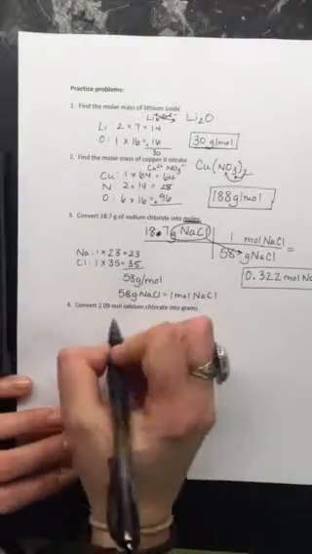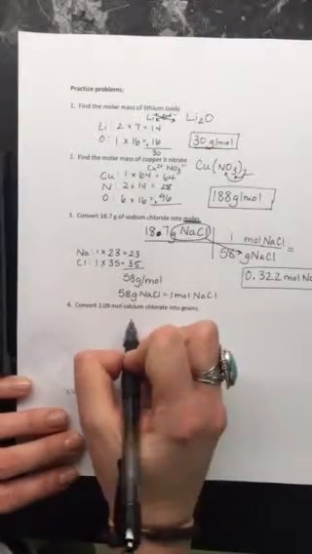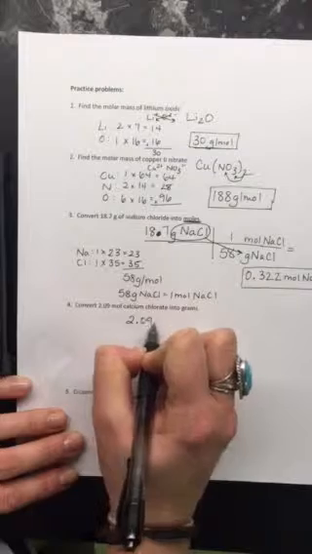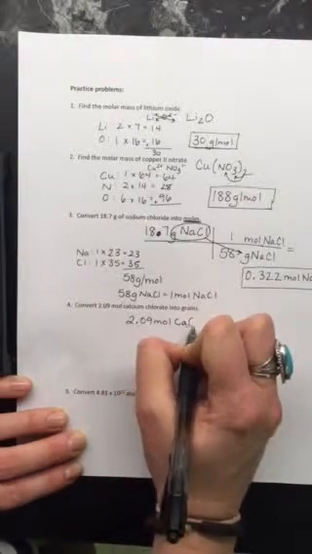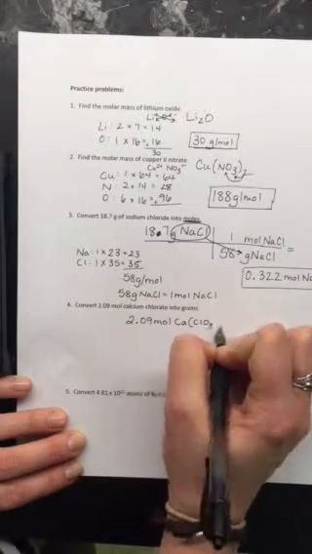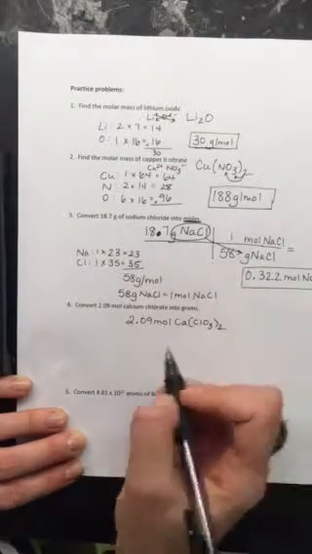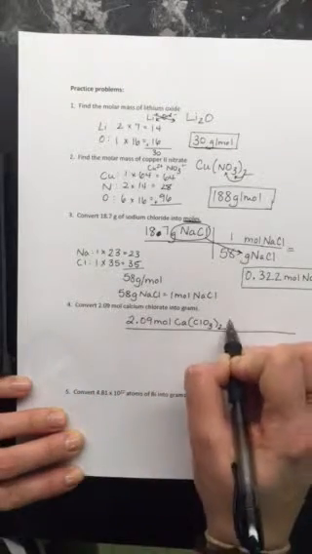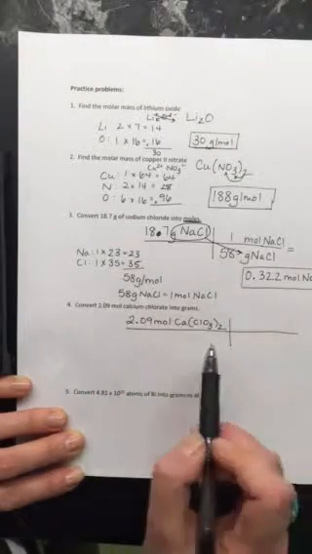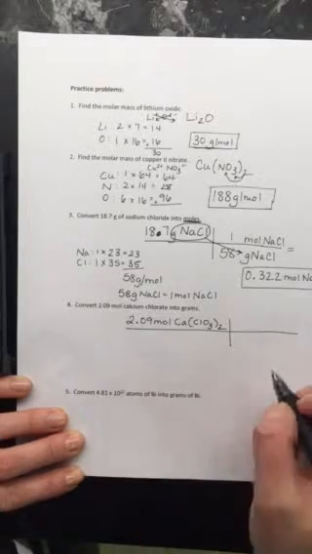This is going the opposite way. So we're going to have 2.09 moles of calcium chlorate. The formula for calcium chlorate is Ca(ClO3)2. Okay, we're going to move our units down and to the right.